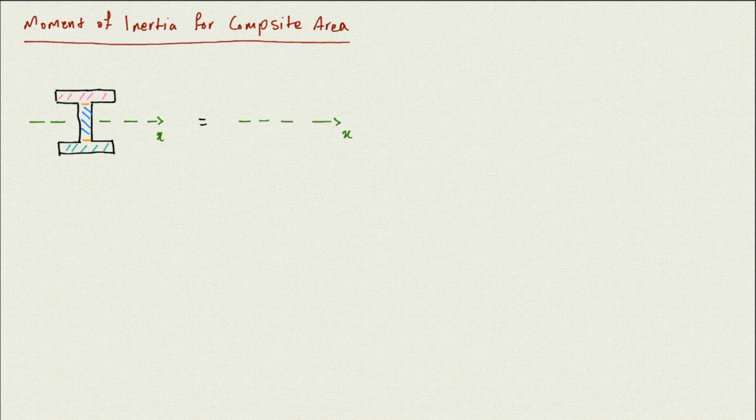The first one would be the very top part, this rectangle at the top. The second one is the middle rectangle. And we draw them exactly at their locations, wherever they exactly are.